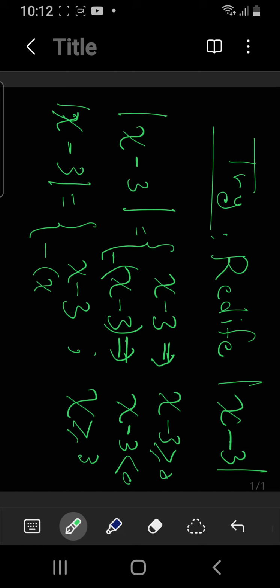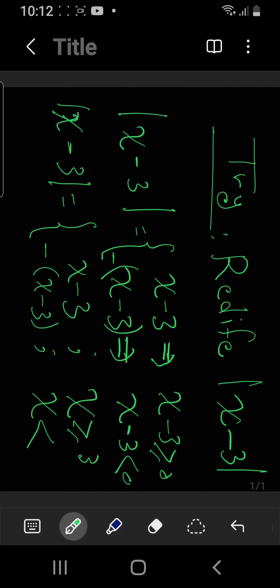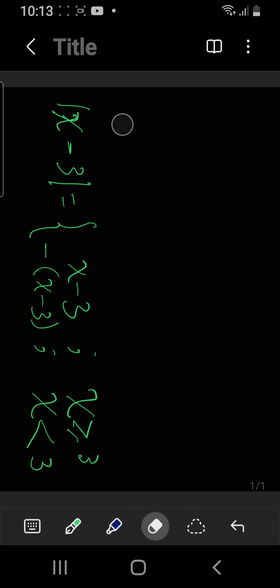And negative x minus 3, so negative x plus 3, okay, x less than 3. Okay, this is the solving of the absolute value of x minus 3.